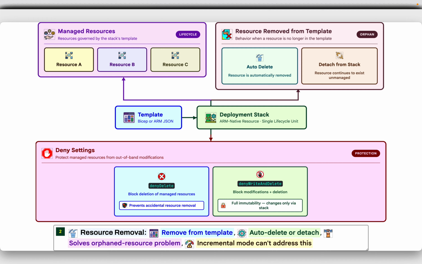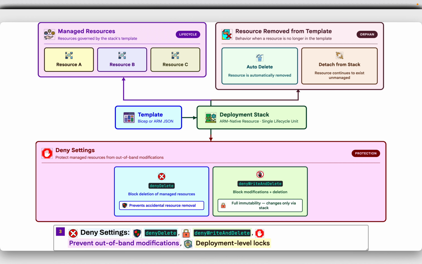This solves the orphaned resource problem that incremental mode cannot address. Stacks support deny settings. Deny delete blocks deletion of managed resources, and deny write and delete blocks both modifications and deletion. These prevent out-of-band modifications and function like deployment level locks.